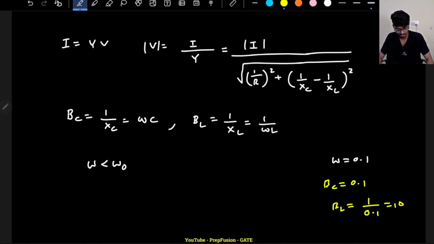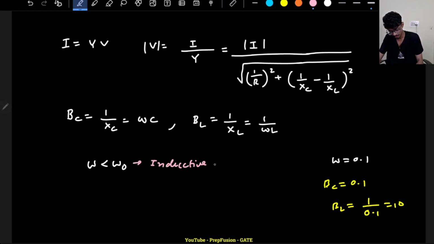So of course this is 10. So BL is higher. So what did I tell you? Whose susceptance is higher, that one will dominate. So now it is different. Previously, if you remember, for the series resonant circuit, if my frequency was less than the resonant frequency, it was capacitive. Now it will be inductive.